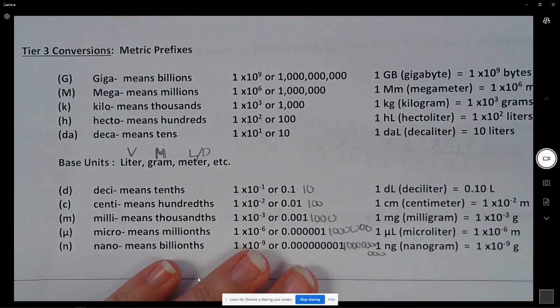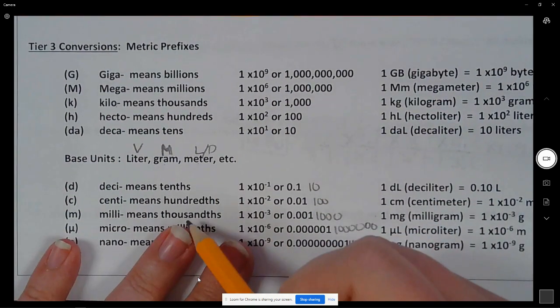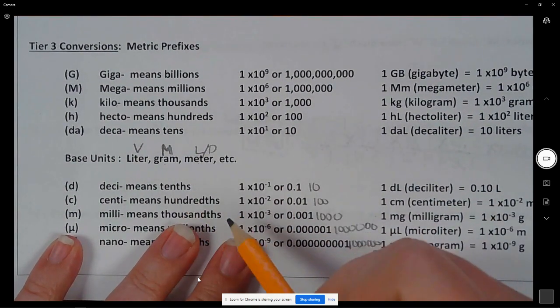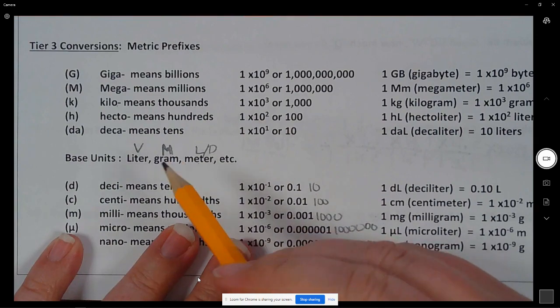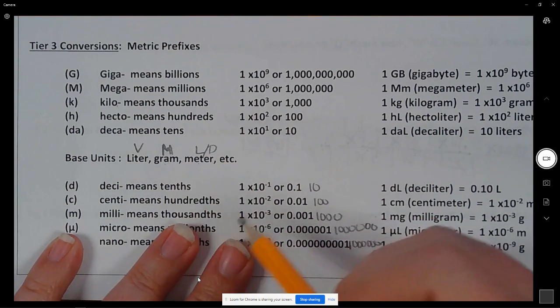It's just the opposite. So there are 100 centimeters in 1 meter, and the base unit is bigger.